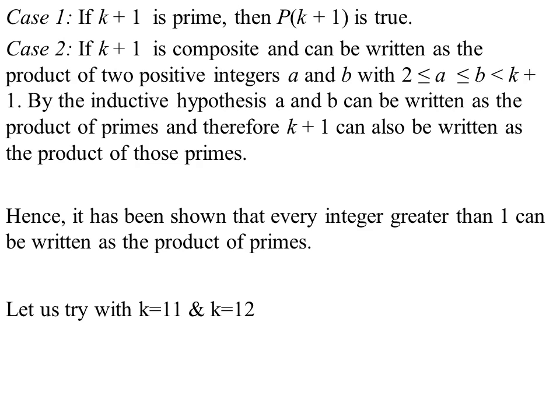Now let us take the second way, where 12 can be expressed as 3 into 4. P of 3 is true because 3 is a prime number. Now when it comes to 4, P of 4 is also true because 4 can be expressed as a product of 2 into 2.